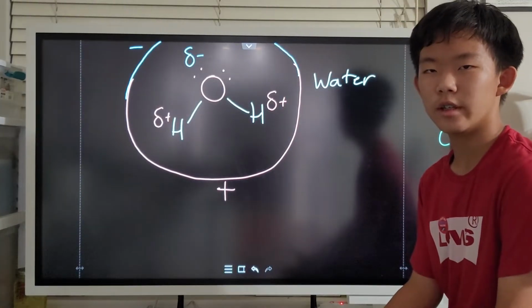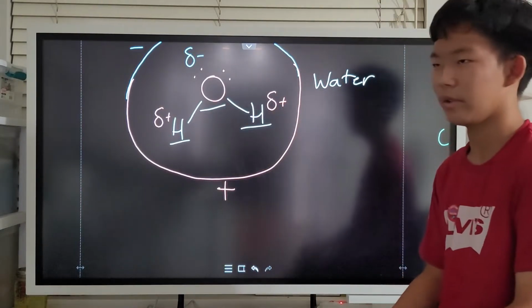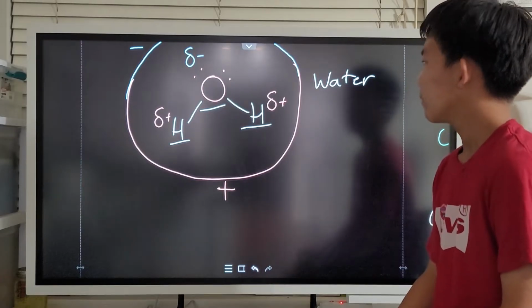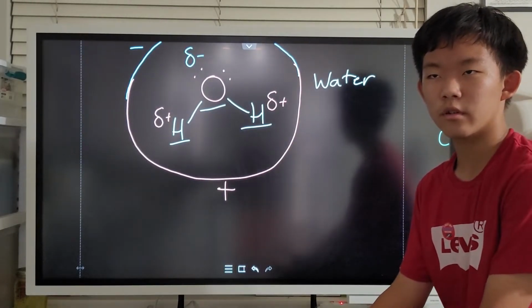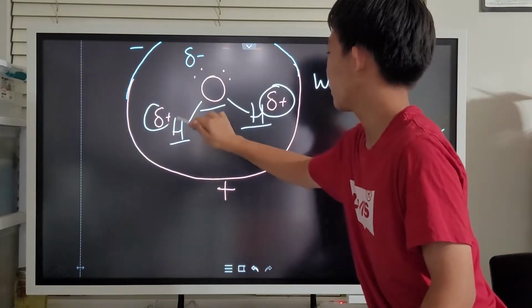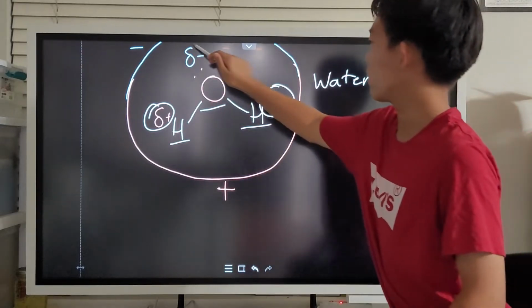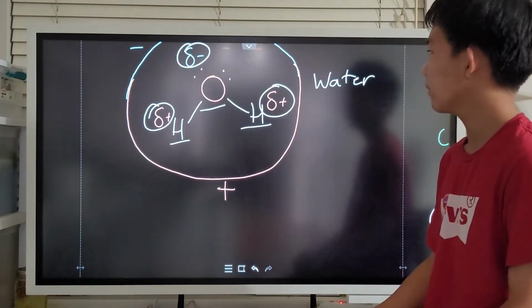So if you look closely at water, you have 2 hydrogens and 1 oxygen. Everybody knows that, right? But if you analyze it even more closely, and based on the info you learned just a few minutes ago, you'll get that hydrogens will have the delta plus charge, oxygen has a delta minus charge.